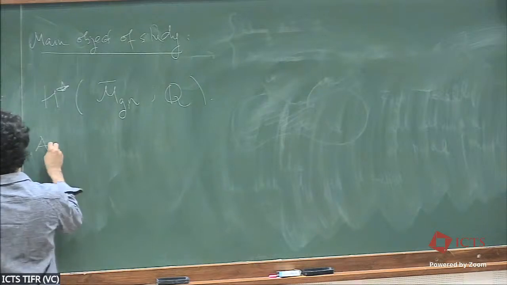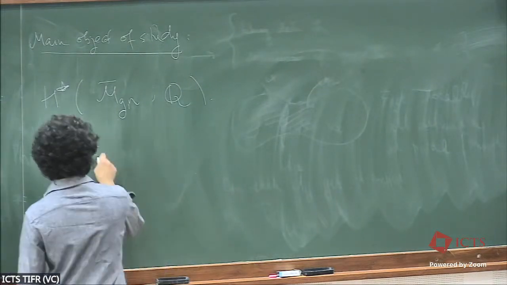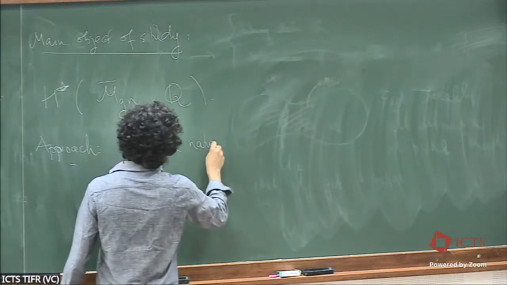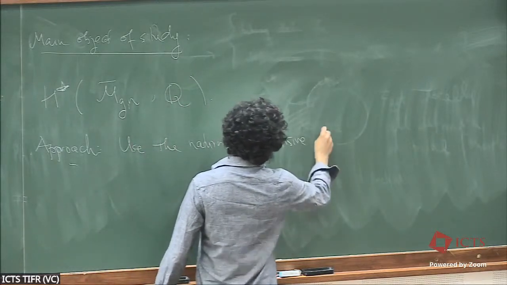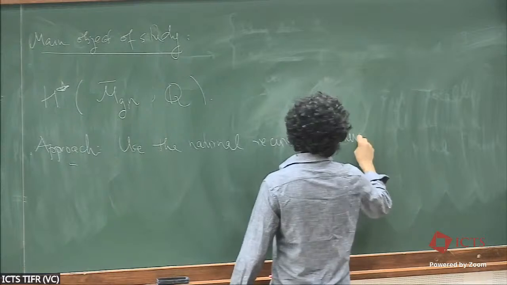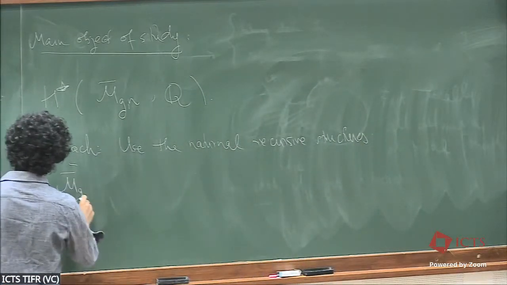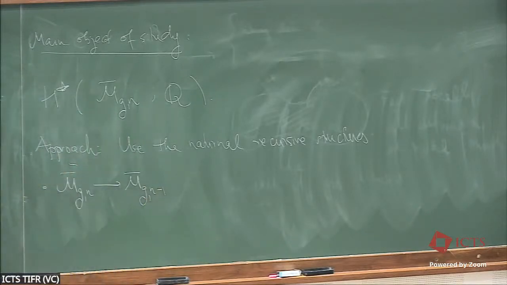And our approach, I'll just say this and then we continue in the afternoon, will be to use the natural recursive structures. For example, given M_g,n, I can forget one of the marked points and go to M_g,n-1.